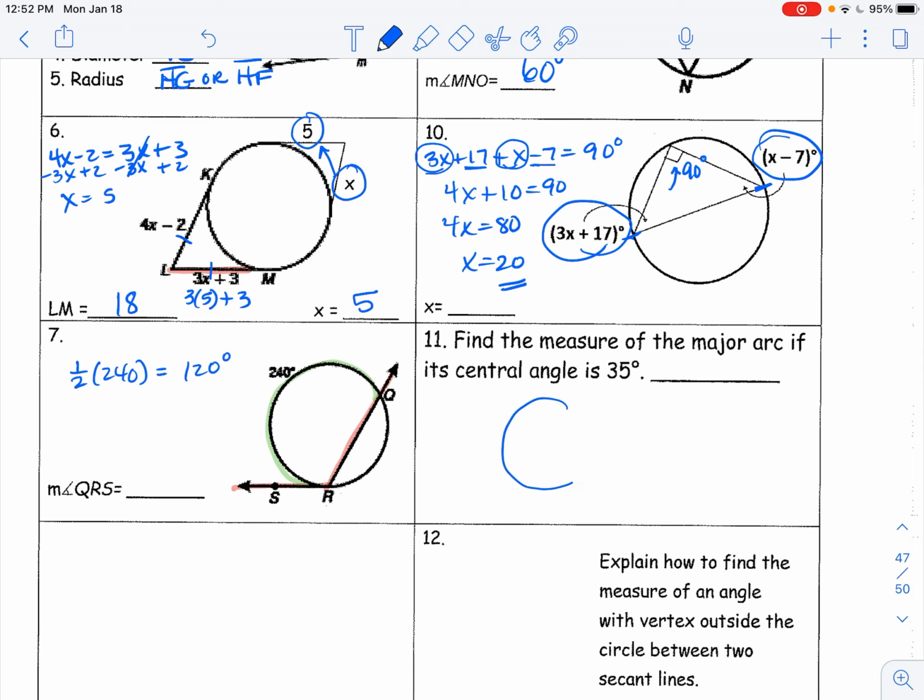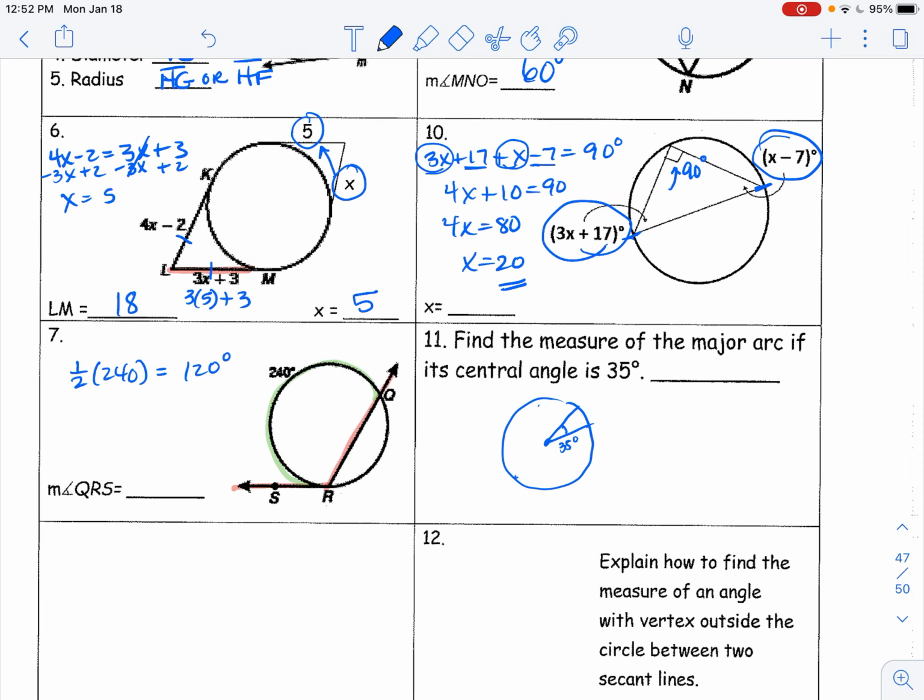And number 11 says find the measure of the major arc if its central angle is 35. Let's draw a picture. Its central angle is 35, so it's kind of a small angle. I'm going to draw it like this, 35 degrees. Oh, and you know what? That's an inscribed angle, not a central angle. So let me start that over. A central angle is going to have its vertex at the center. There we go.